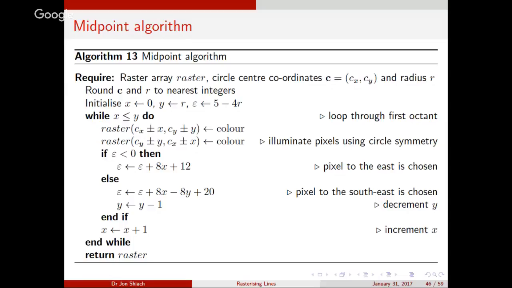So we've got minus 19 plus 8, that's minus 11, plus 12, so that's going to be 1. So again, from here, we're going to the east. Invoke circle symmetry.